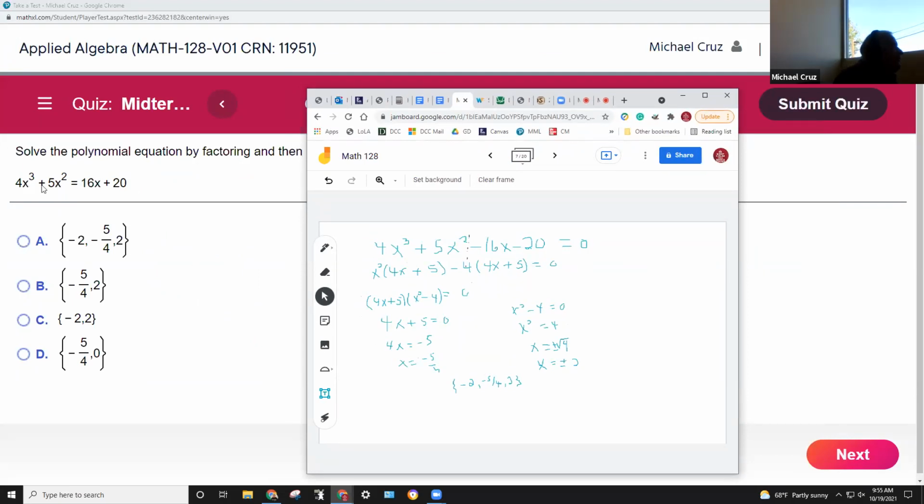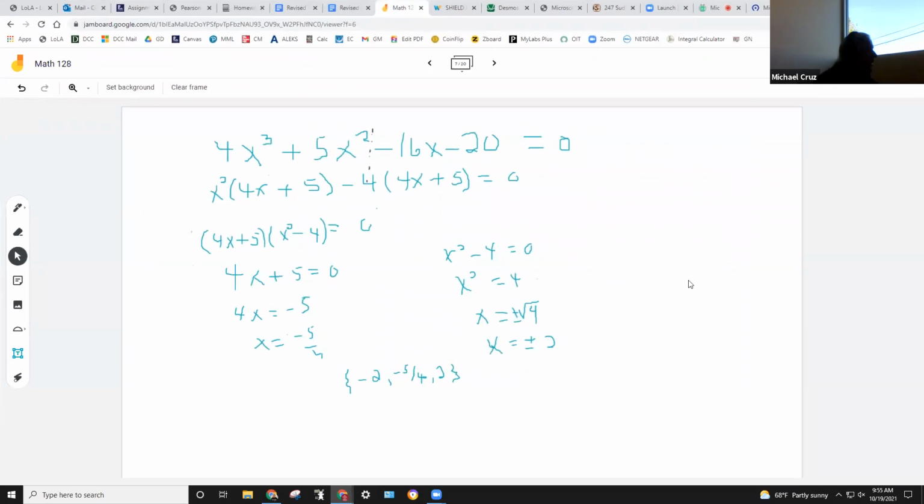So I'm going to subtract the 16x from both sides. So it'll be negative 16x here, and then subtract 20, and it'll be negative 20 over there. So then it's equal to 0. Now it's a cubic, and that can be a rather challenging one to solve. But in this case, and this is generally one of the first things you look at when you've got four terms. In other words, we got an x cubed term, an x squared term, an x term, and then a constant term.